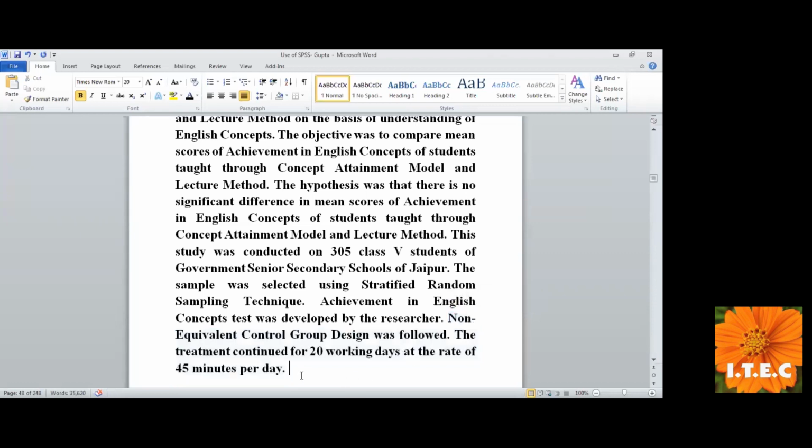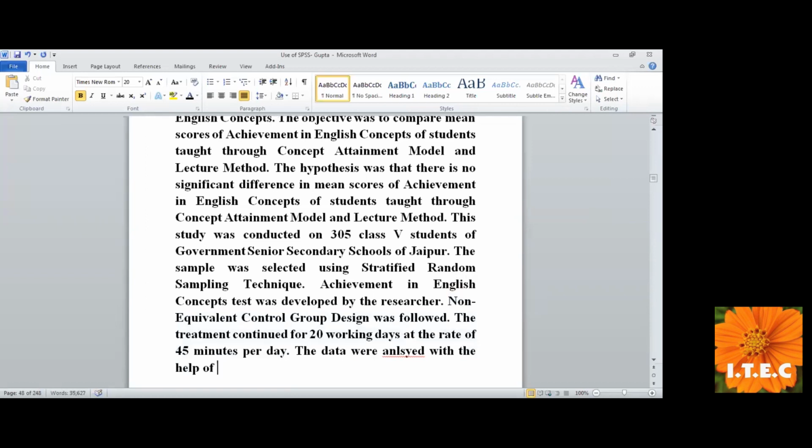And then you say the data were analyzed with the help of whatever is the statistical technique.